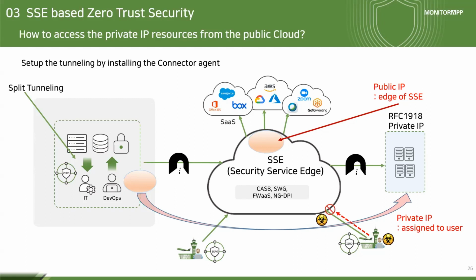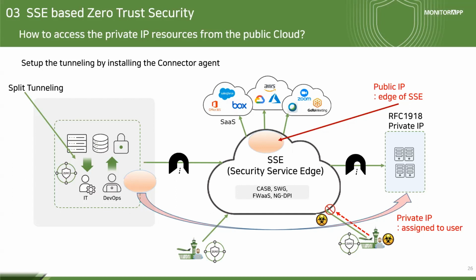And also, your application may be located remotely, especially in a data center with a private IP address. Previously you would have used a VPN, but in the Zero Trust network, you can set up an additional tunnel by installing the agent.